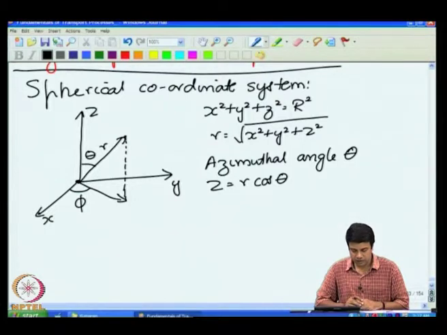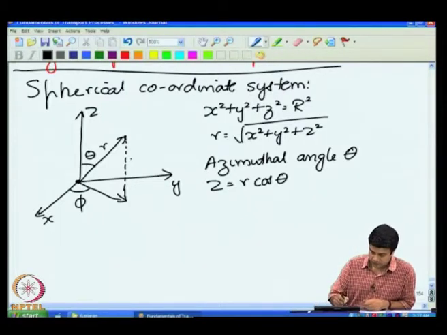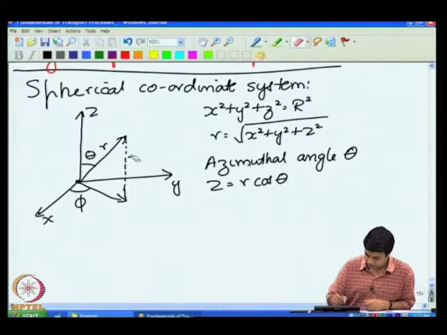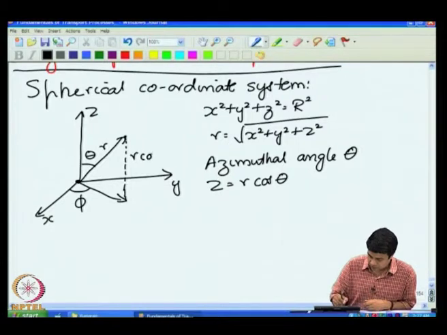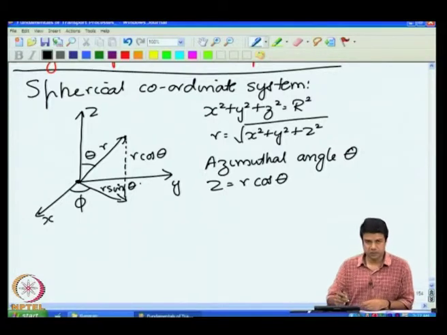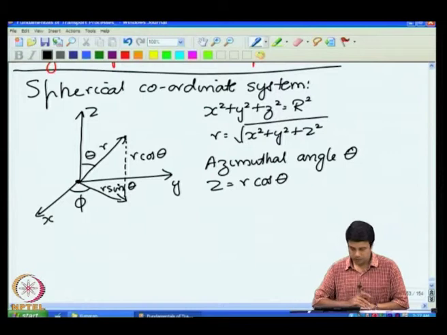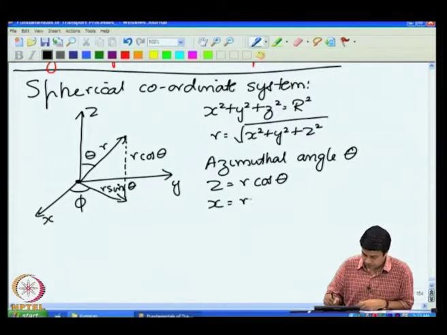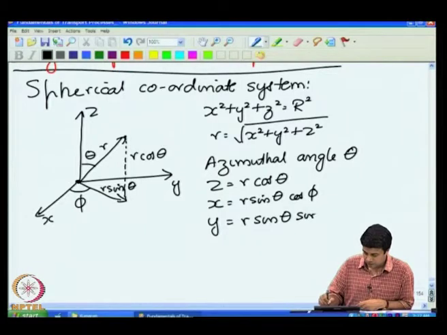Because the angle that r makes with the z axis is theta, this is equal to r cos theta, and this projection is r sin theta. The projection onto the xy plane is r sin theta, which means that x is equal to r sin theta cos phi and y is equal to r sin theta sin phi.